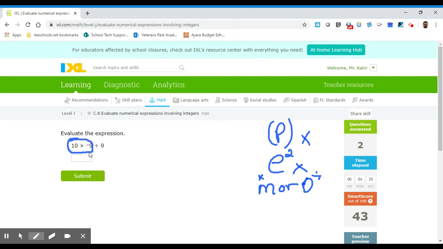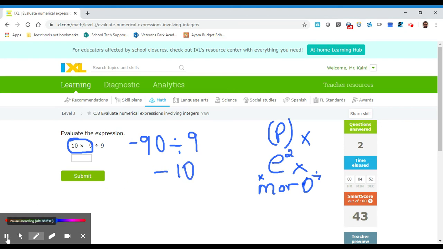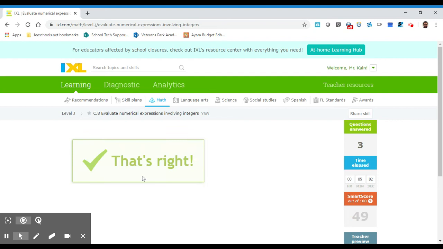So 10 times -9, different signs means it's going to be -90, divided by 9. And then we finish it off with -90 divided by 9. It's a negative and a positive. Different signs means a negative. And it goes in a total of 10 times. Your answer is -10.